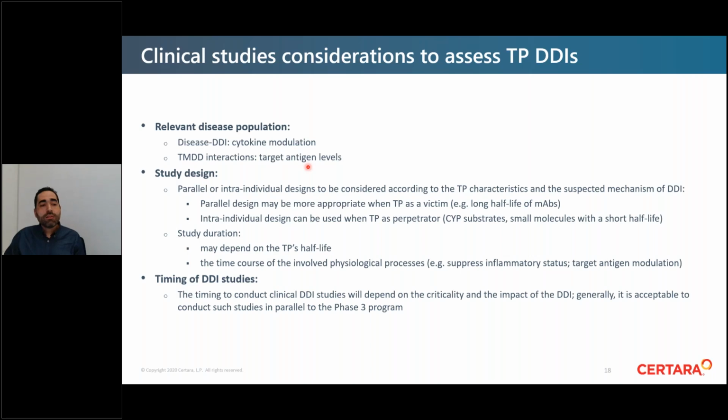In terms of the study design, there are no strong recommendations, but this will depend on the drug characteristics and also the suspected mechanism. So parallel design may be appropriate when you are evaluating the therapeutic protein as a victim. This is the case, for example, for the monoclonal antibodies, because they have quite a long half-life, so you cannot have sufficient washout between the two administrations of the drug, so only parallel design is feasible.